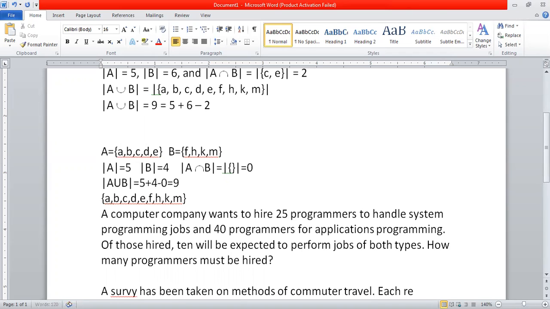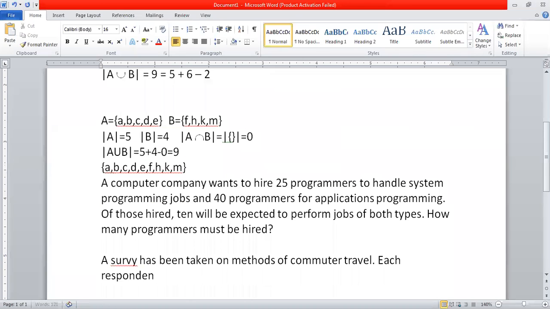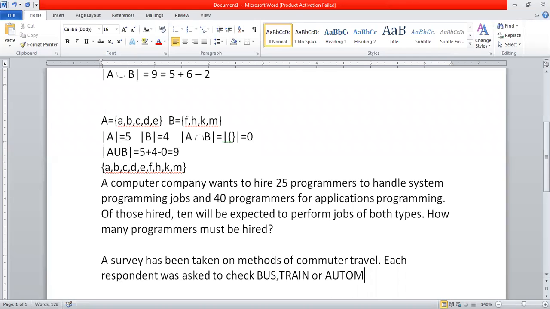Each respondent was asked to check bus, train, or automobile as a major method of traveling to work.